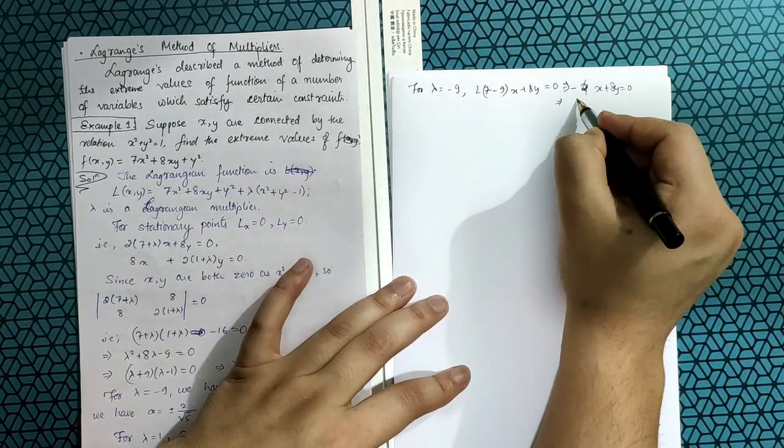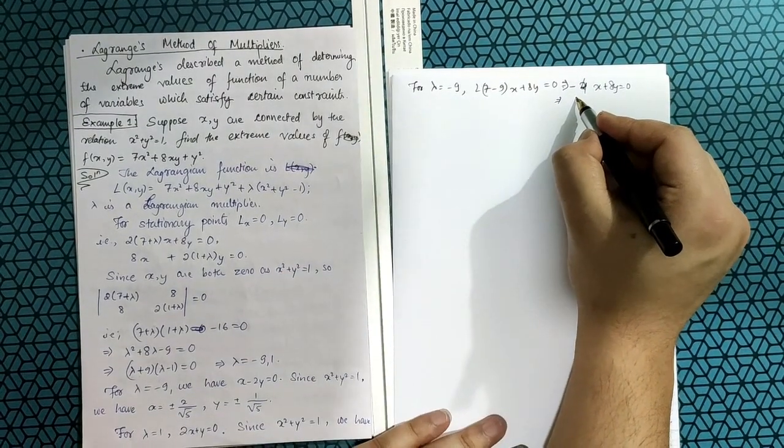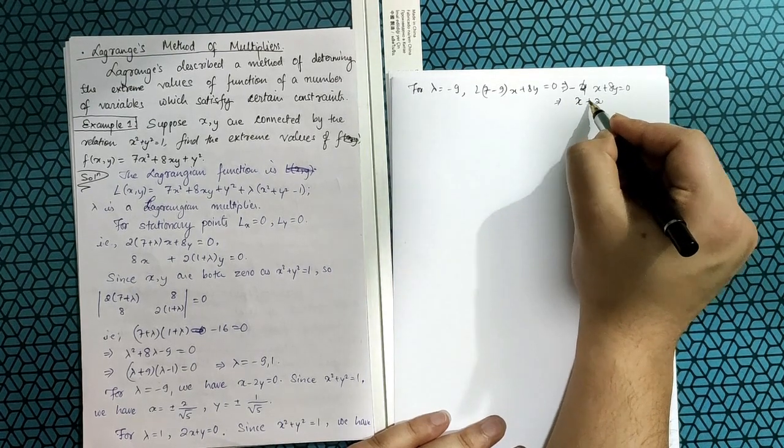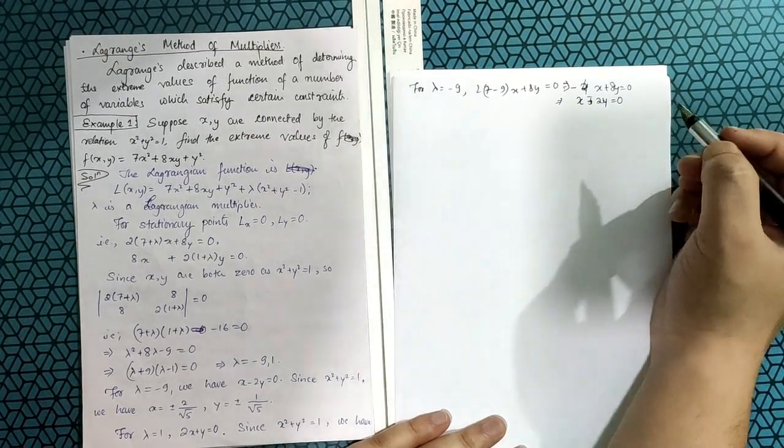Or we can say it can be x minus 2y is equal to 0.